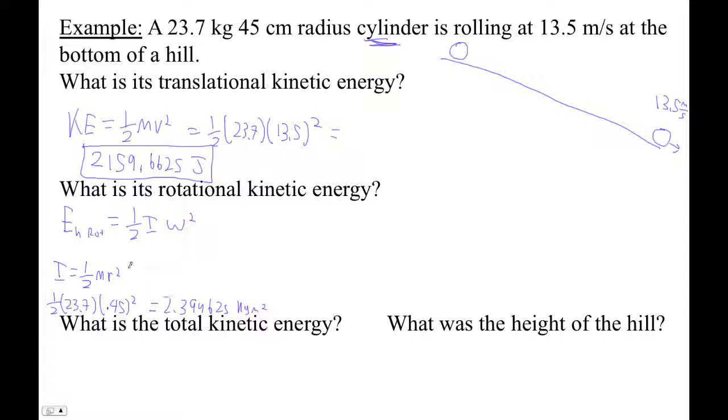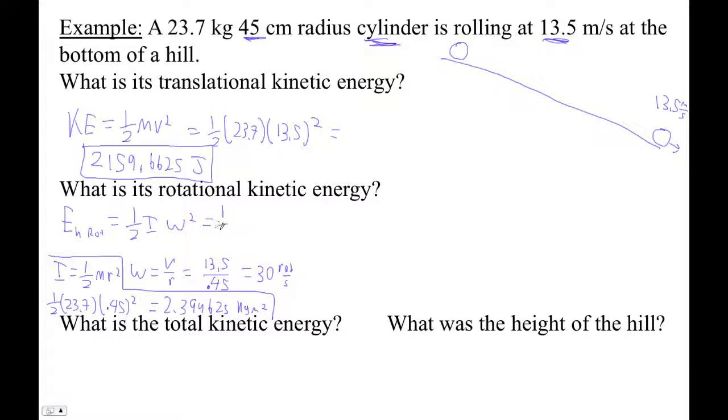And then our omega is just v divided by r. So that's the 13.5 that it's going, divided by the 0.45 meters that its radius is. So 13.5 divided by 0.45, somewhat unexpectedly, is exactly 30 radians per second. So now we're set.